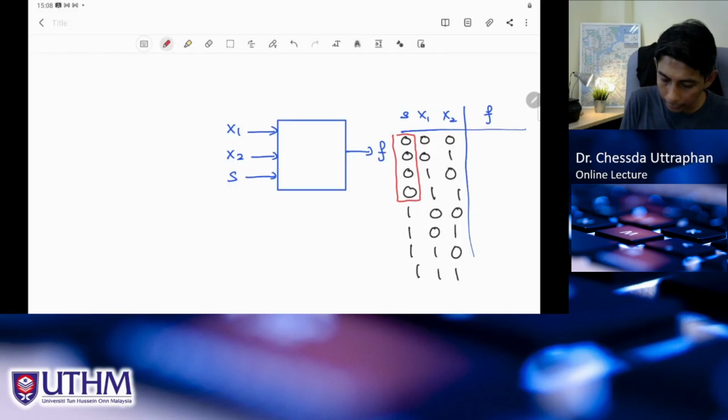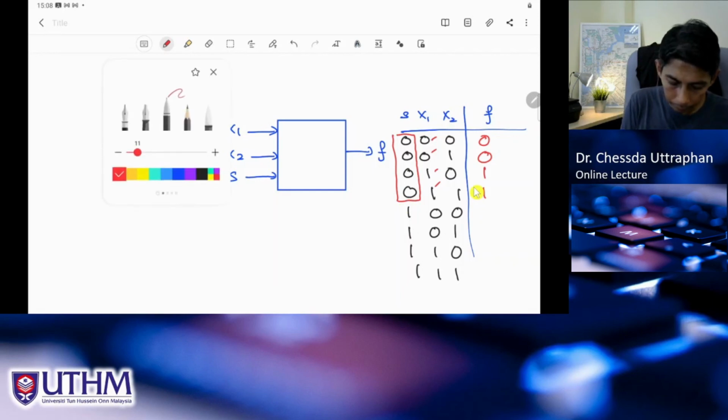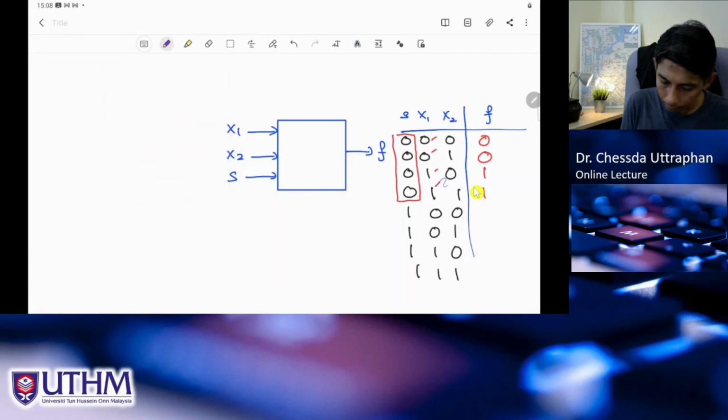So x1 will be this, and f should follow this value. And if s equals 1, f should be equal to x2, which is 0, 1, 0, 1.